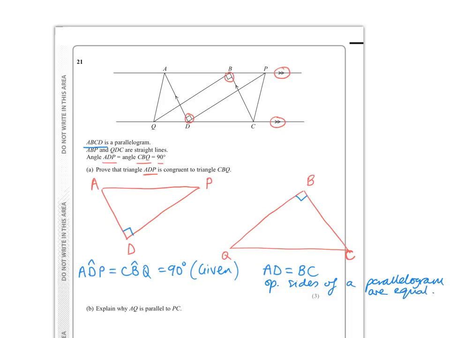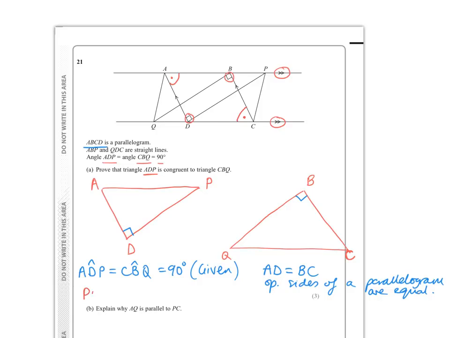So there's 2 facts, and then the last one is angle PAD, so this angle here must be the same as angle QCB. So I'm going to write that down.